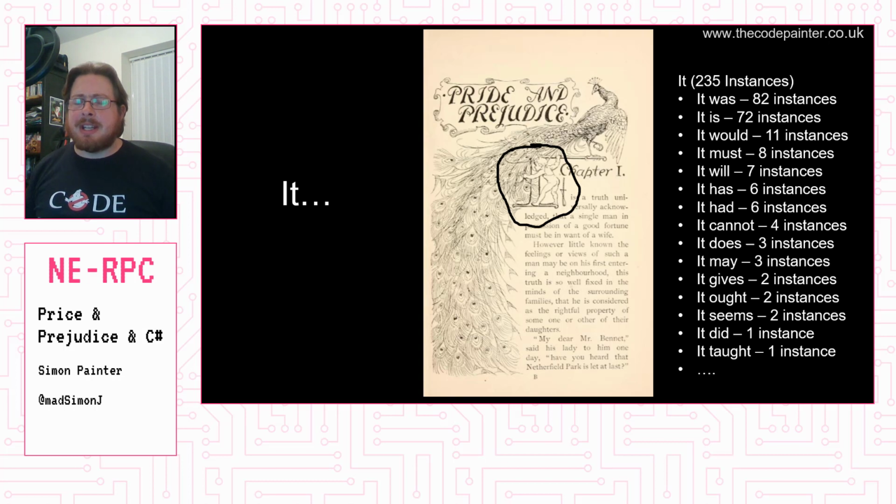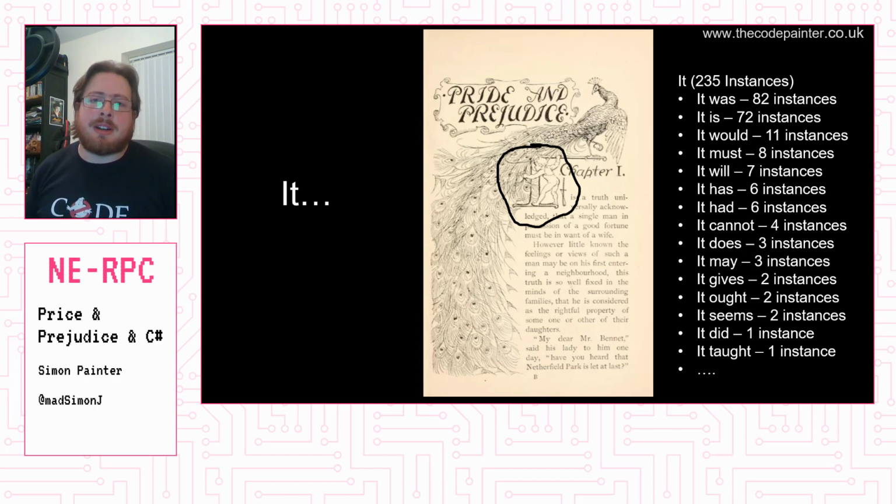And as it happens, it occurs 235 times. That does seem a bit small. That's because I am counting capital I, it, as being different to small i, it, just for the purposes of semantics within the sentence.